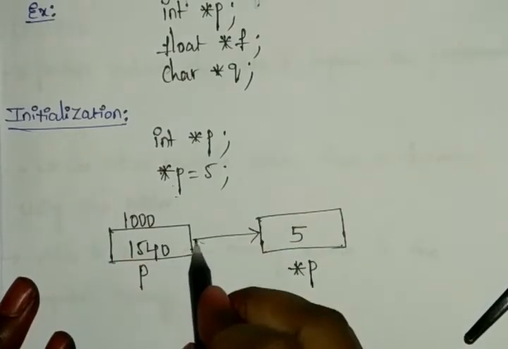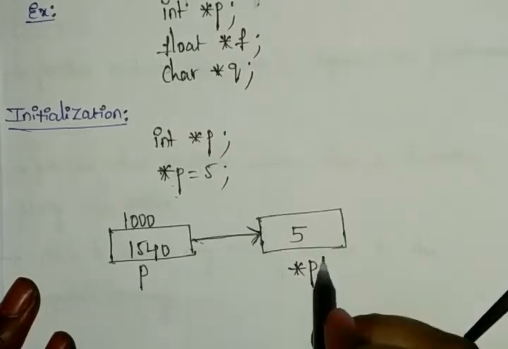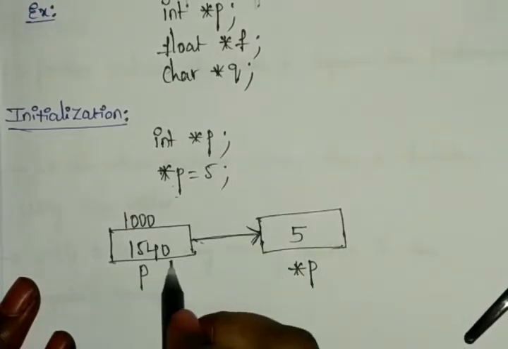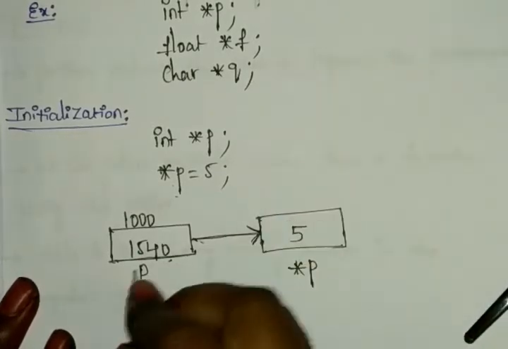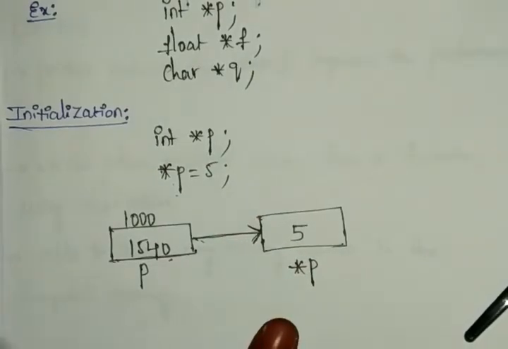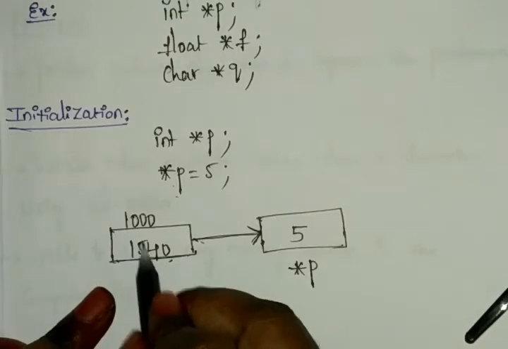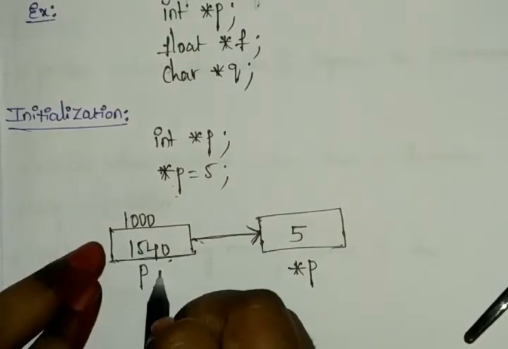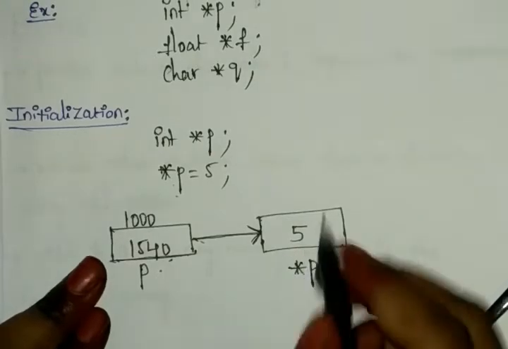Okay, just here you can see that by using this, it is taking the value of p. Whatever value we have, 1540, that 1540 will now be the address of the pointer p. You can see clearly, whatever value p has becomes the address of the pointer p.